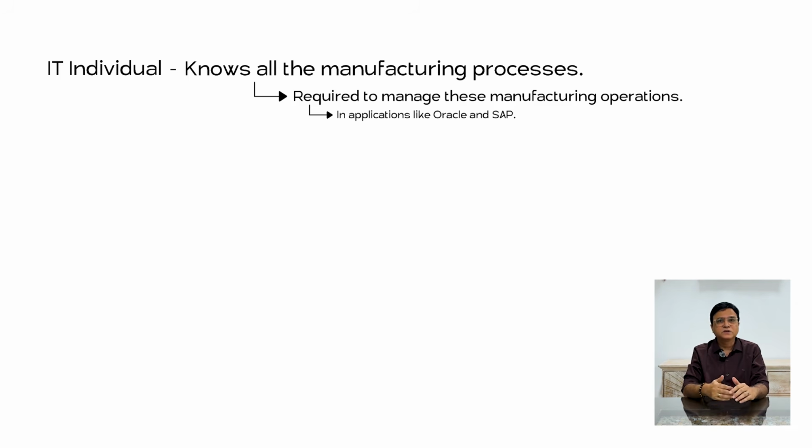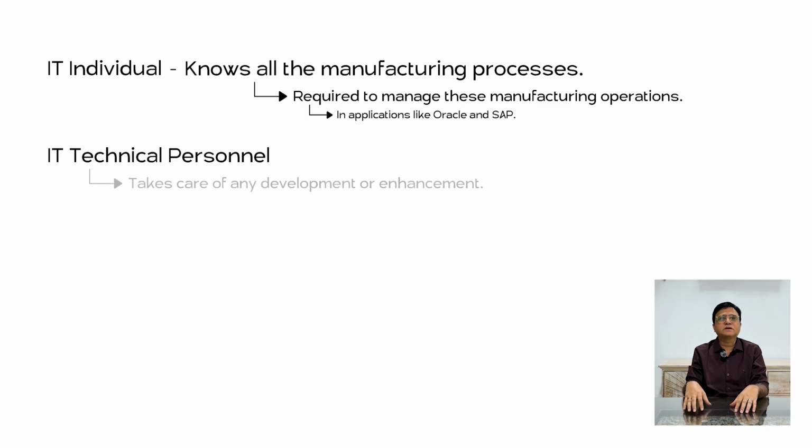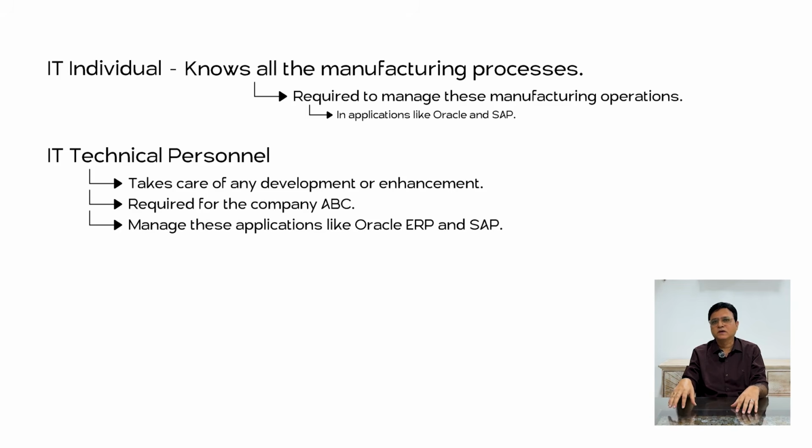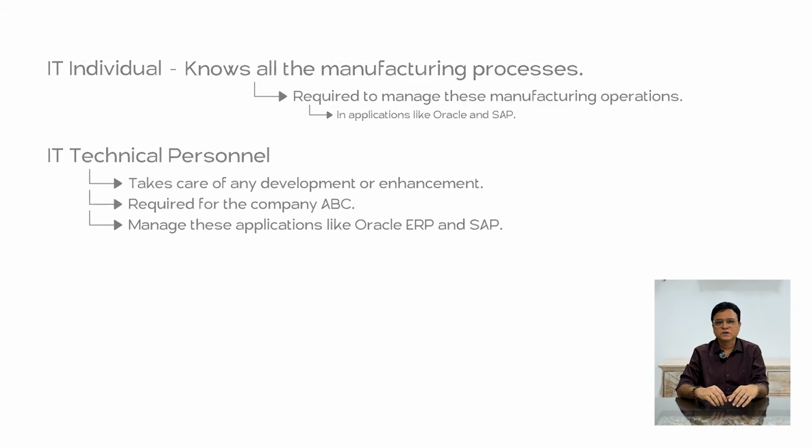The next career opportunity is IT technical personnel. This IT technical personnel takes care of any development or enhancements required for the company ABC. So he will take care of these applications like Oracle ERP or SAP. This is the second career opportunity.